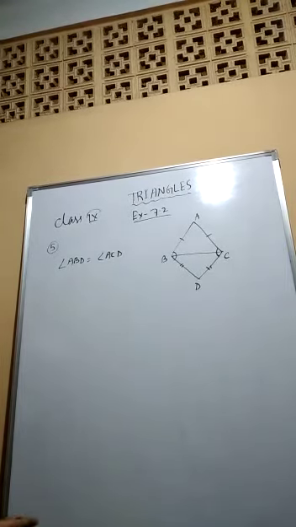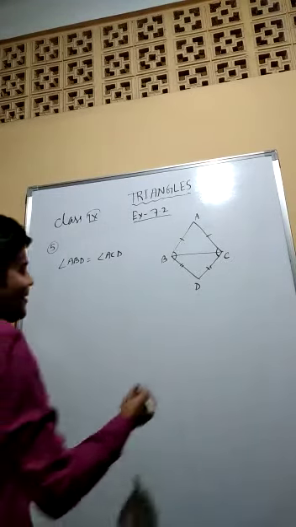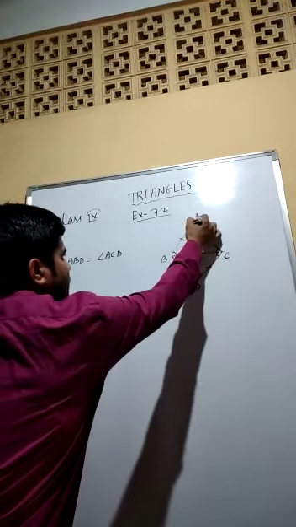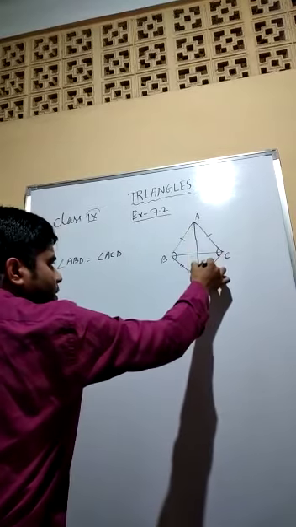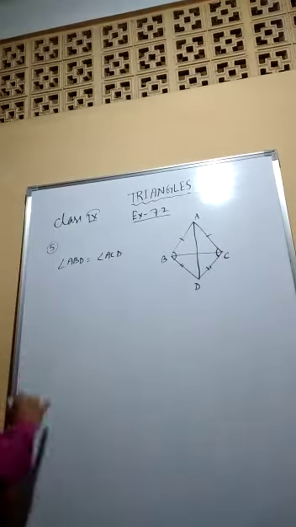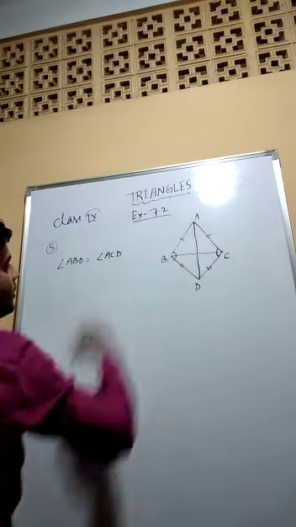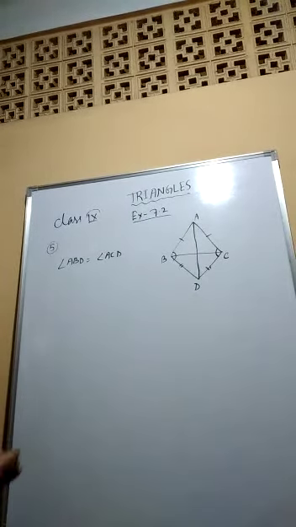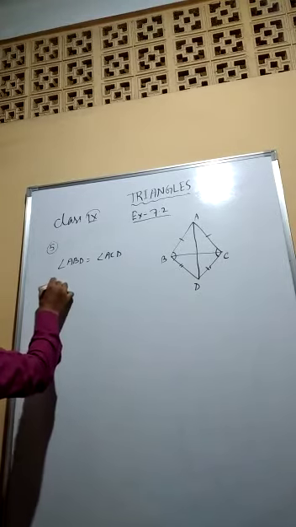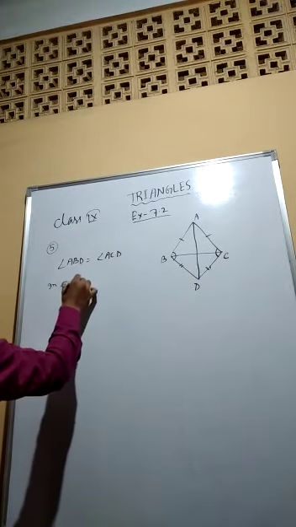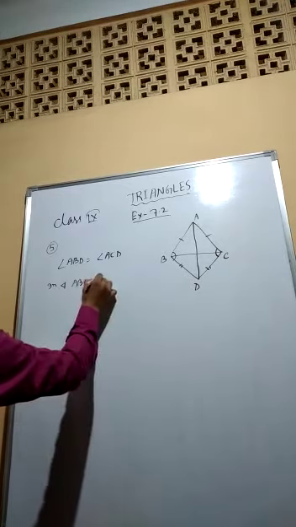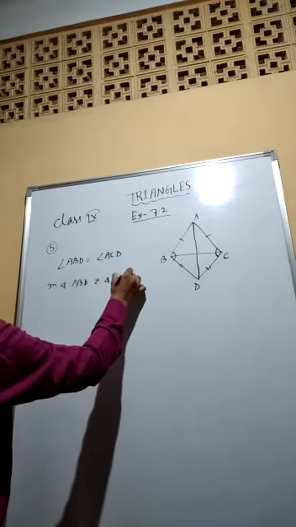There are many processes, but just to see the easy process: if we join this side AD, then there are two triangles. If we can prove those two triangles congruent, then their angles are equal. So I am taking triangle ABD and triangle ACD.